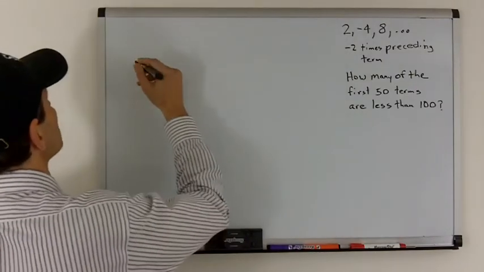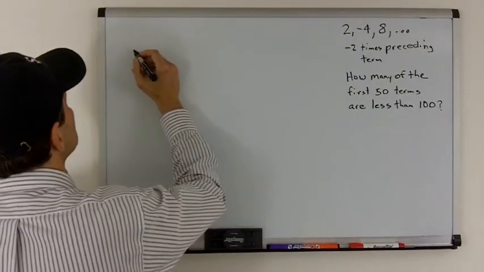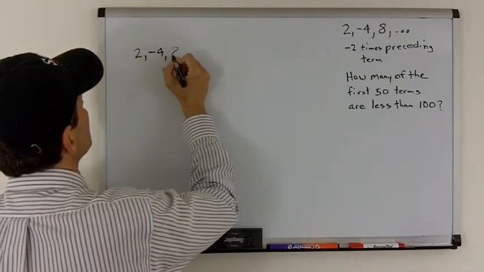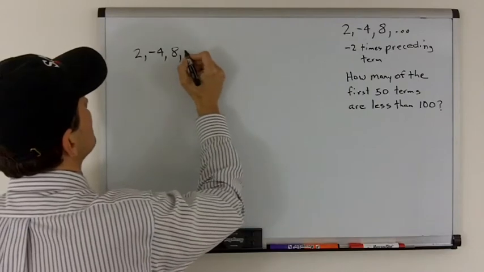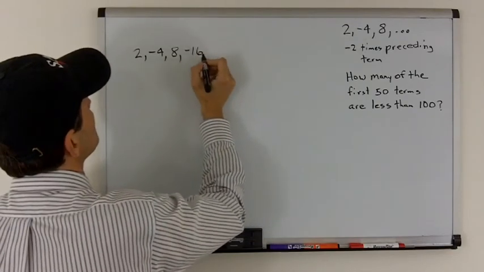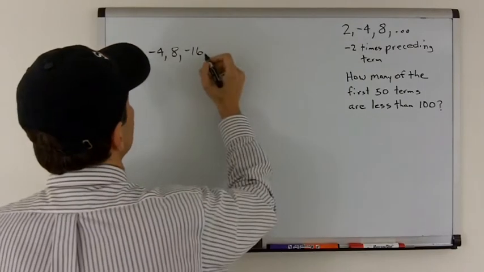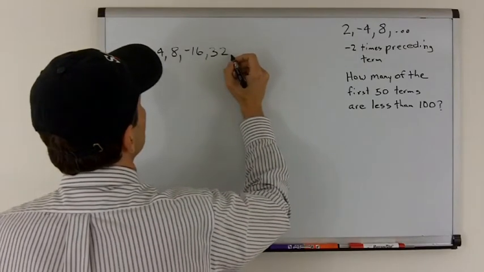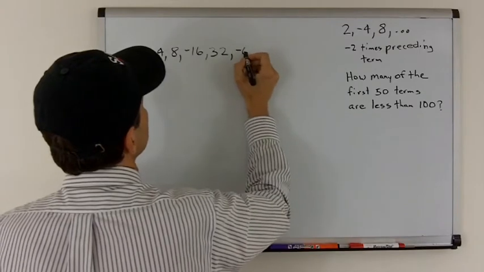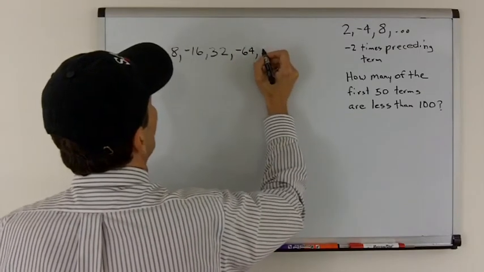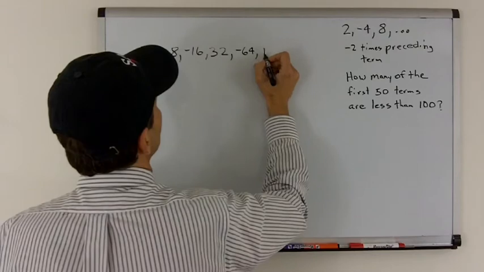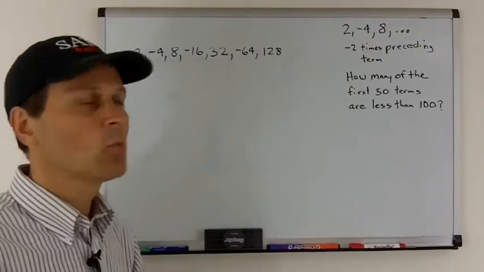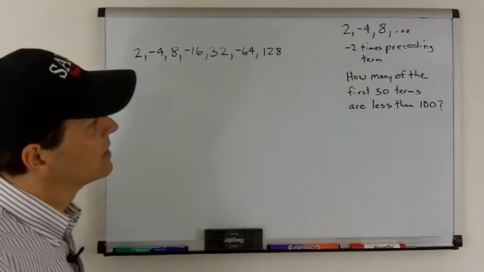So we start out with 2, then we go negative 4, then 8, then negative 16, then 32, then negative 64, and then we go to 128. And we can stop there, and I'll tell you why in a second.